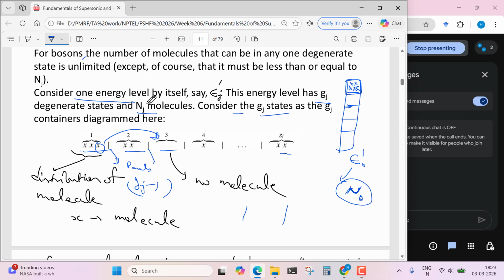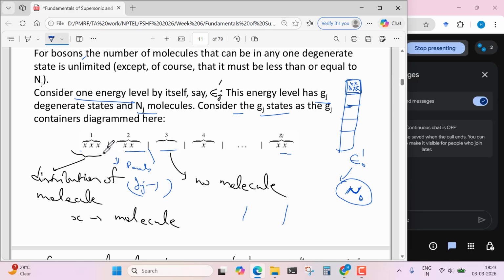Now consider one energy level by itself, say epsilon j dash. This energy level has Gj degenerate states and Nj molecules. Consider the Gj states as Gj containers, diagrammed here.